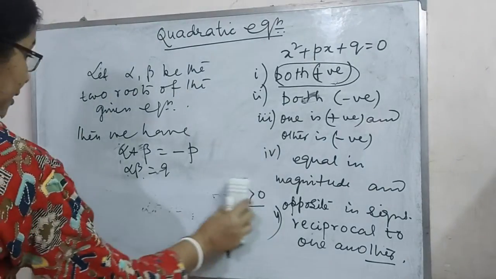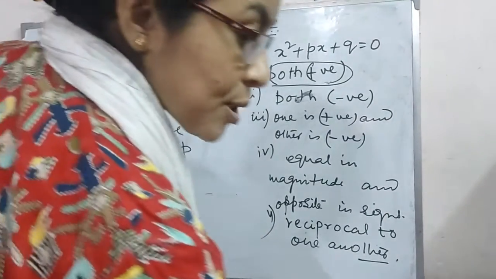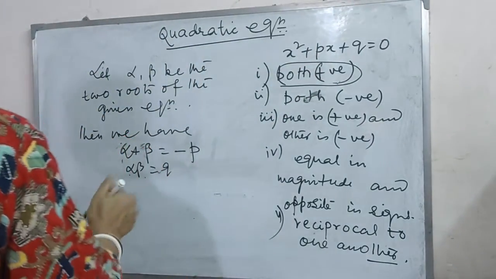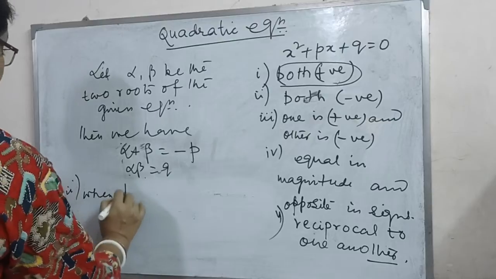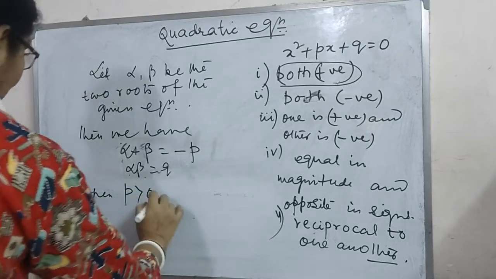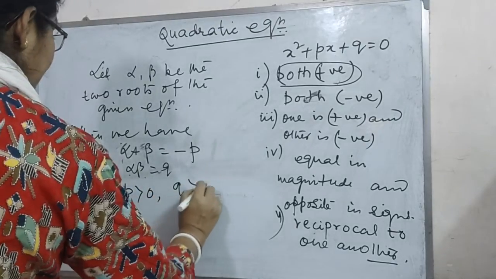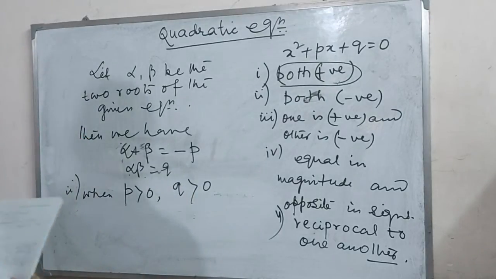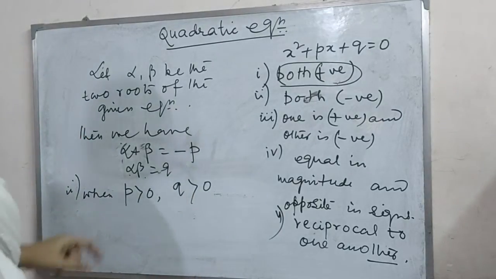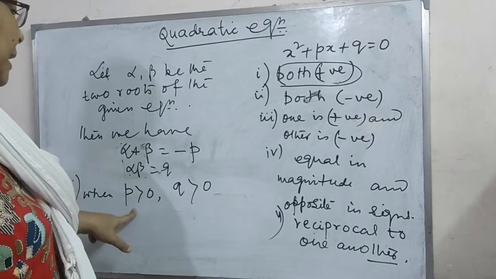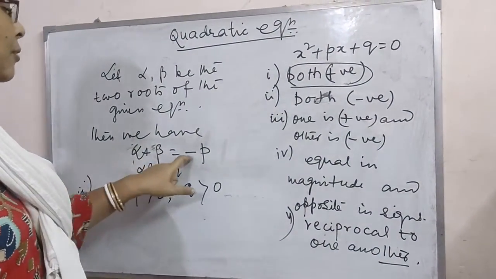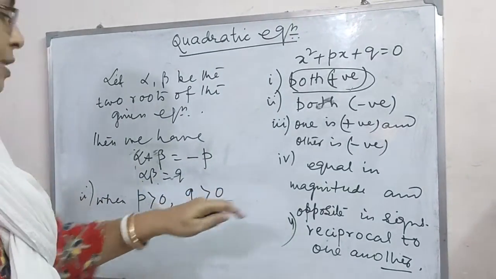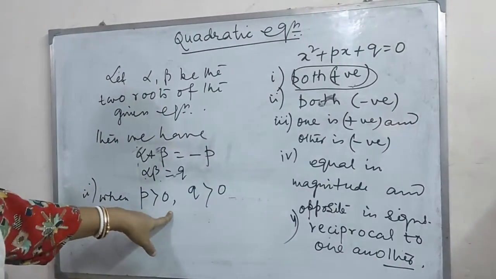For second one, both roots are negative. For the second condition, when p greater than 0 and q greater than 0, both roots are negative. P greater than 0, that means p is positive, alpha plus beta equal to minus p, condition is satisfied, both roots are negative.